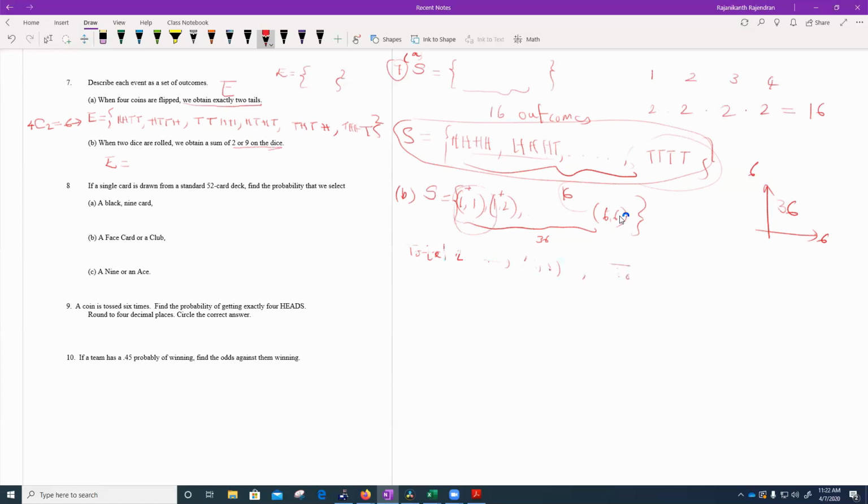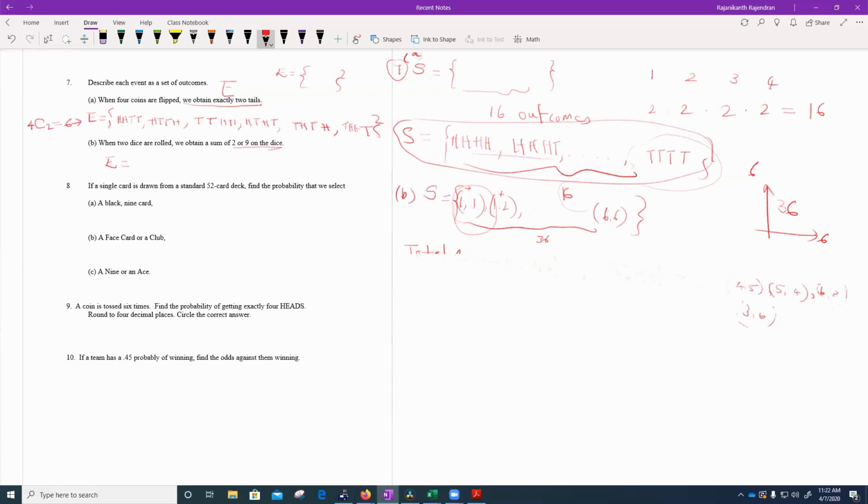To get the total 9, what are the possibilities? 4, 5. 5, 4. What else? 6, 3, 3, 6. Very good.